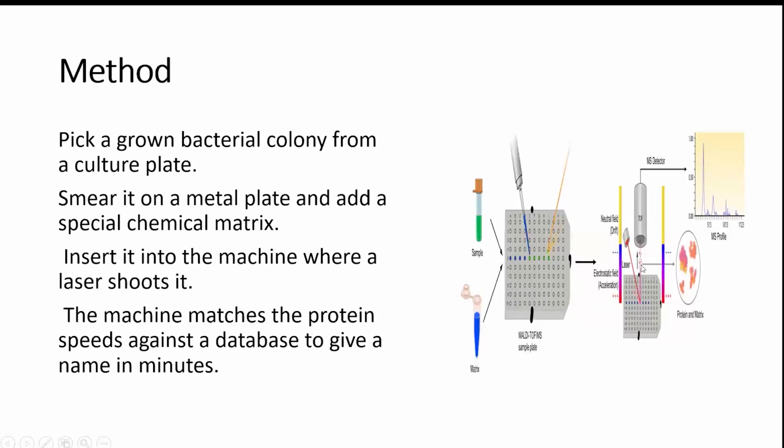The proteins will travel through this tube with a particular speed. So the proteins will be divided into its components, and the component which is lighter will travel faster through the tube, and the component which is heavier will travel slower, and they will hit the detection system, and the detection system will analyze how the proteins are hitting the system.